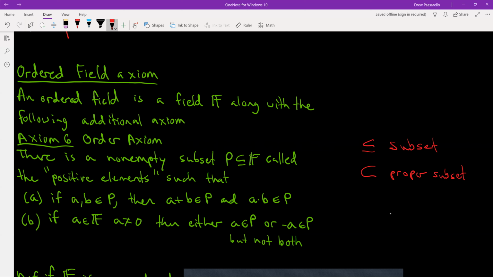I'll use that if it's needed to specify a proper subset. So the positive elements are such that if A and B are in P, then A plus B is in P, and A times B is in P. So that's just closure.